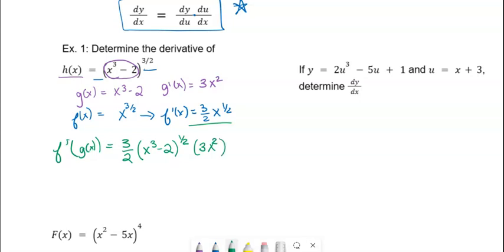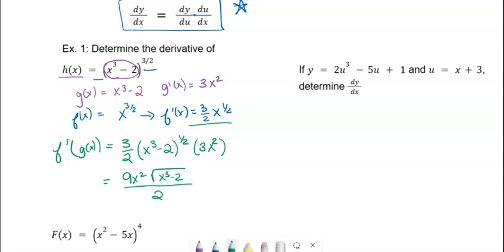Now I can put this together, neaten it up a little bit, simplify it. So I've got 9x squared, and let's go with the square root notation in this case, all over 2.